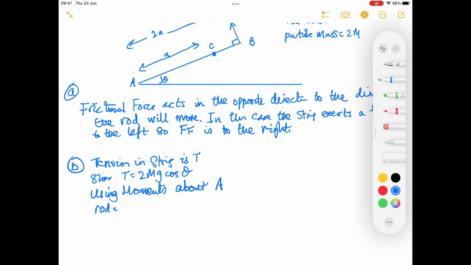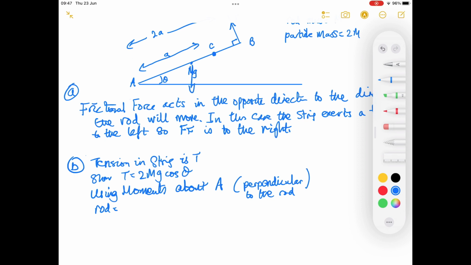It's going to be at the center of the rod, so from point A to the center is a. The mass of the rod is m, but that's acting downwards, so the gravitational force is mg, and you've got to use the triangle to check what is the perpendicular force.